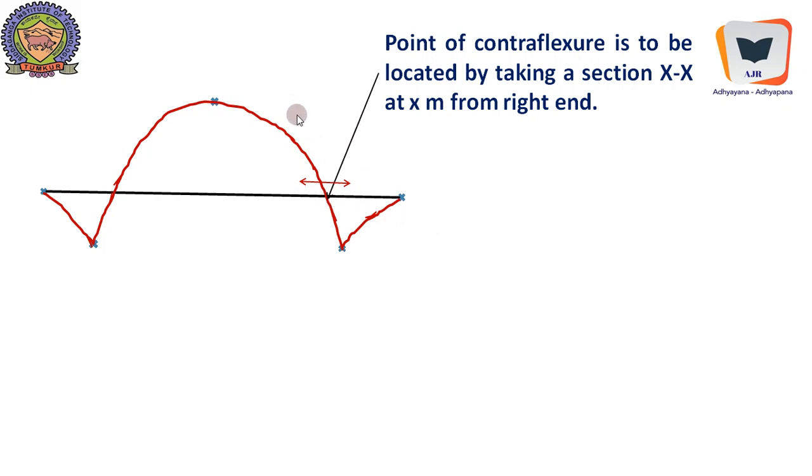Therefore we will take a section. So this is a point which must be located. Therefore we will take a section in such a way that this point is included. We don't know really the distance, but anyway we have an understanding that bending moment at this particular section should be equal to 0. Therefore we will just mark this distance to be x from this extremity, and since this distance is 1 meter, this becomes x minus 1 meter.